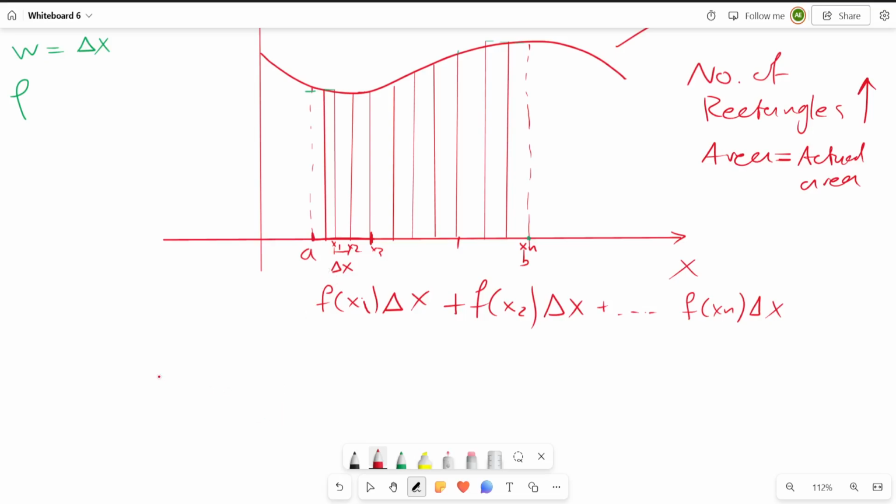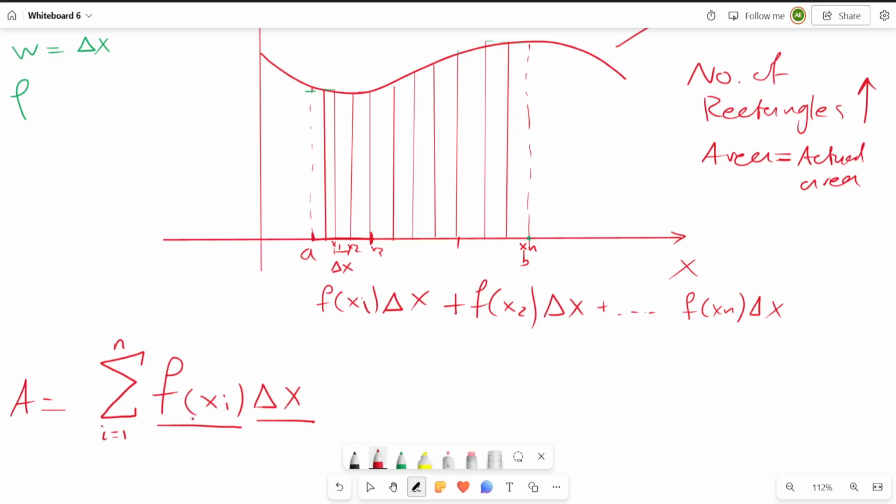So we can write that the area is going to equal f of xi multiplied by delta x, and we need to somehow sum all of these rectangles. So we will do a sum, from i equals 1 until n. This is basically the area under the curve. It has the length part multiplied by the width.